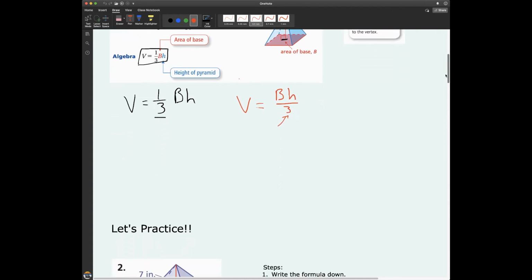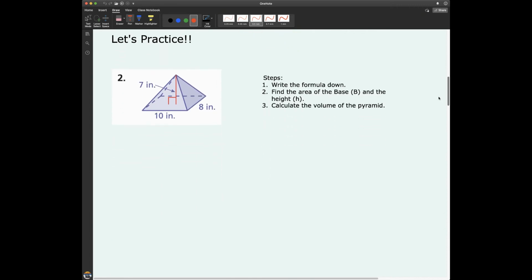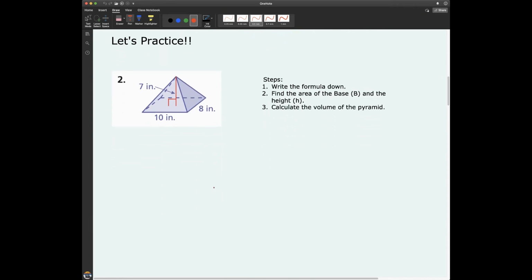All right, let's practice. I've got a pyramid. It is a rectangular pyramid. Here are our steps. First, write the formula down: volume equals area of the base times the height divided by 3. Bam, there it is. Let's find the area of the base.